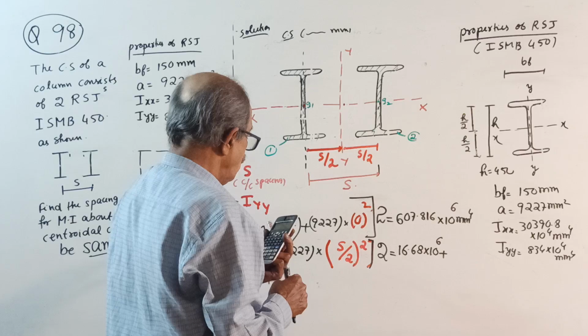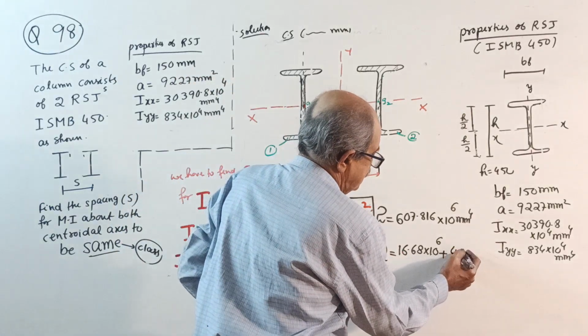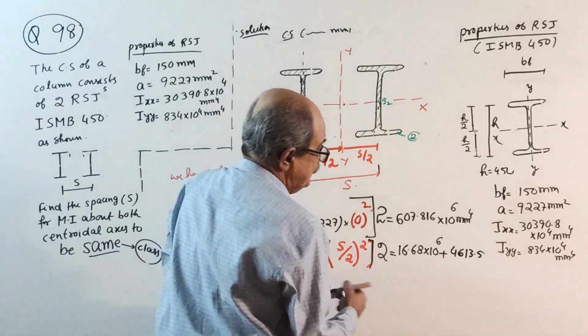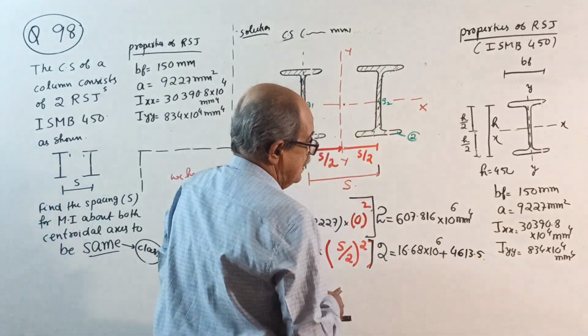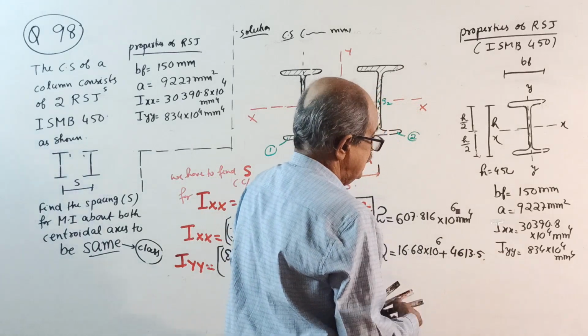It will come 4613.5. Total answer 4613.5 times S square.